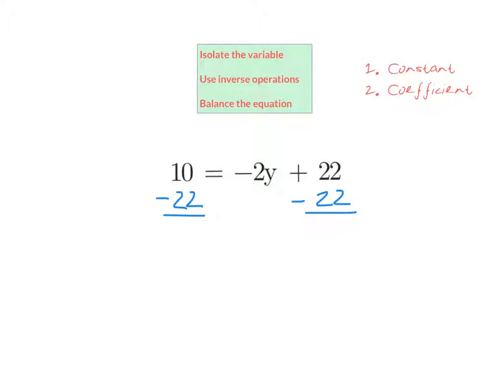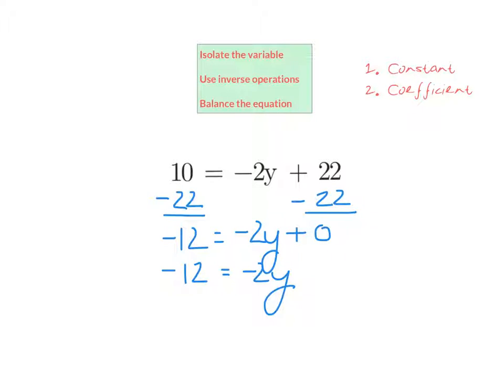10 minus 22 is a negative 12, is equal to, the term negative 2y comes down because nothing's happened to that yet, and then 22 plus negative 22, or 22 minus 22, is 0. I'll clean up my equation next by dropping that 0, so I have negative 12 is equal to negative 2y.